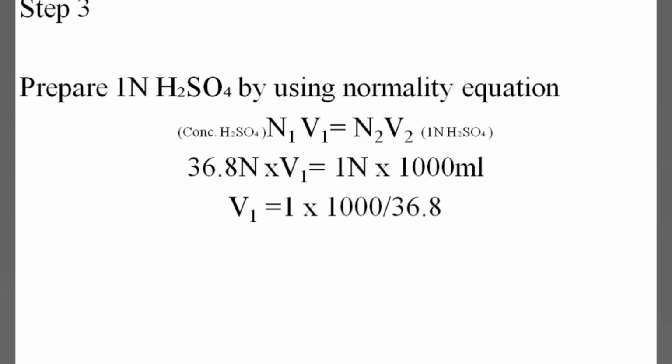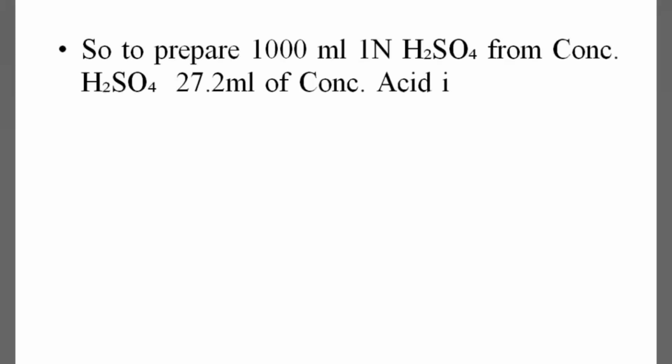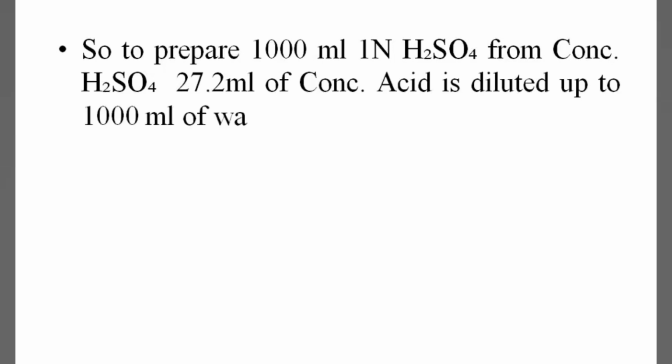After calculating, we get V1 as 27.2 ml approximately. What does it mean? It means to prepare 1000 ml of one normal H2SO4 from concentrated H2SO4, only 27.2 ml of concentrated acid is diluted up to 1000 ml of water. Got it?